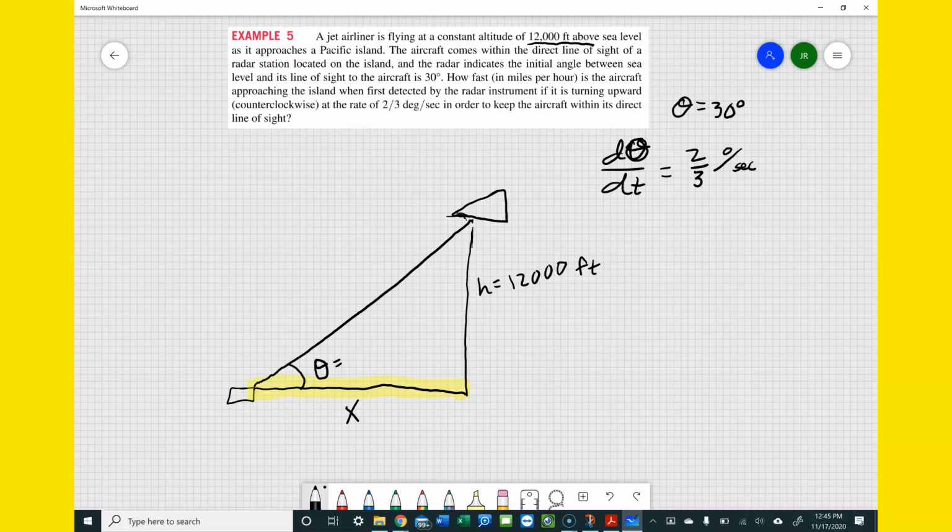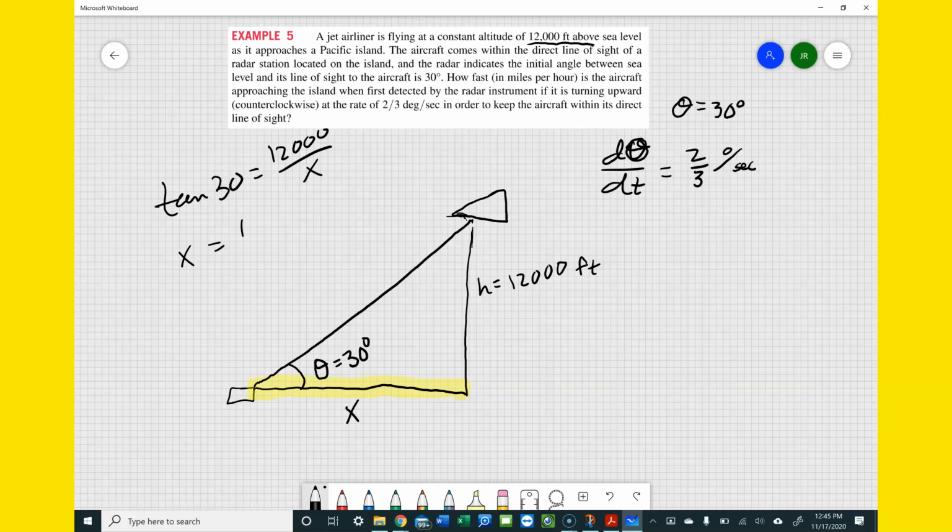Go ahead and say theta is 30 degrees. And I can go ahead and know X, can't I? I can say tan of 30 equals 12,000 over X. And solve that in the calculator.